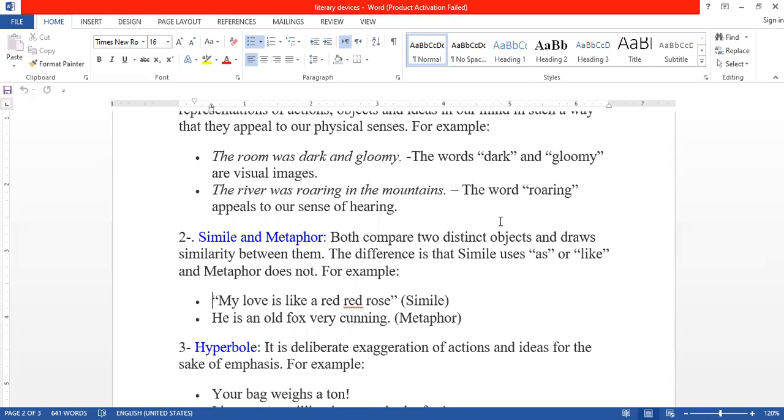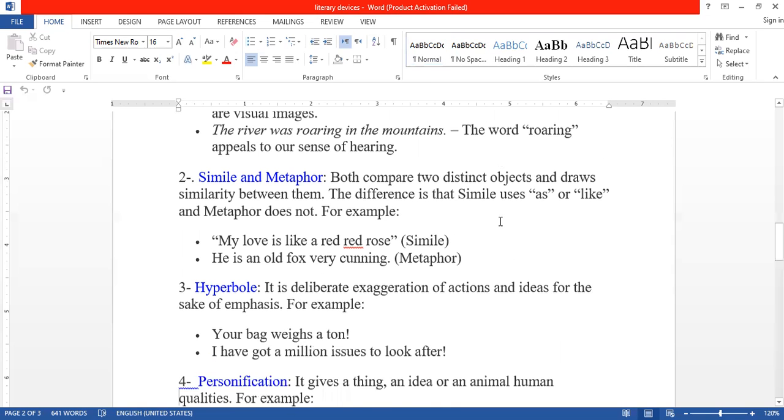You will start creating this image of the river. Yes or no? Yes. So writers use imagery in their writings to let you imagine and also to help you understand a given idea in the given short story or play. All right?